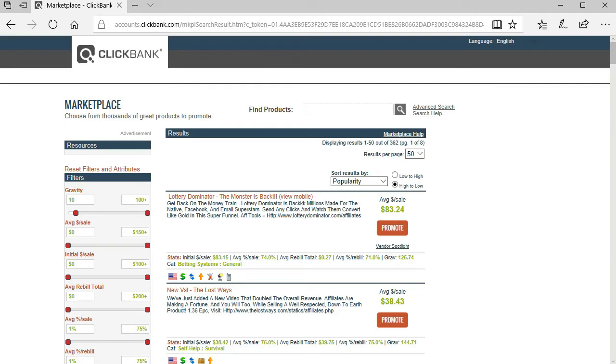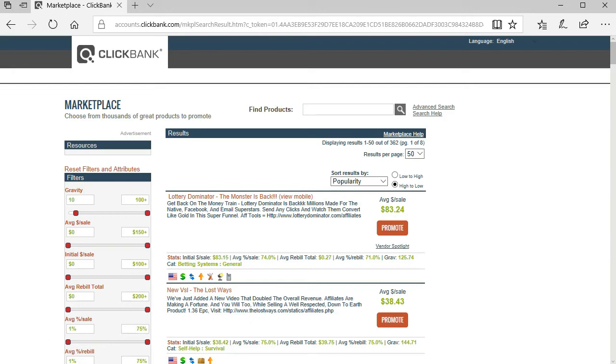This number will always change because it's based on mathematical formulas that are dependent on the number of sales being generated on any given day. However, it's a good indication that this is an affiliate program that pays a lot of money. The gravity score of 125.74 strongly suggests that this is a hot product.